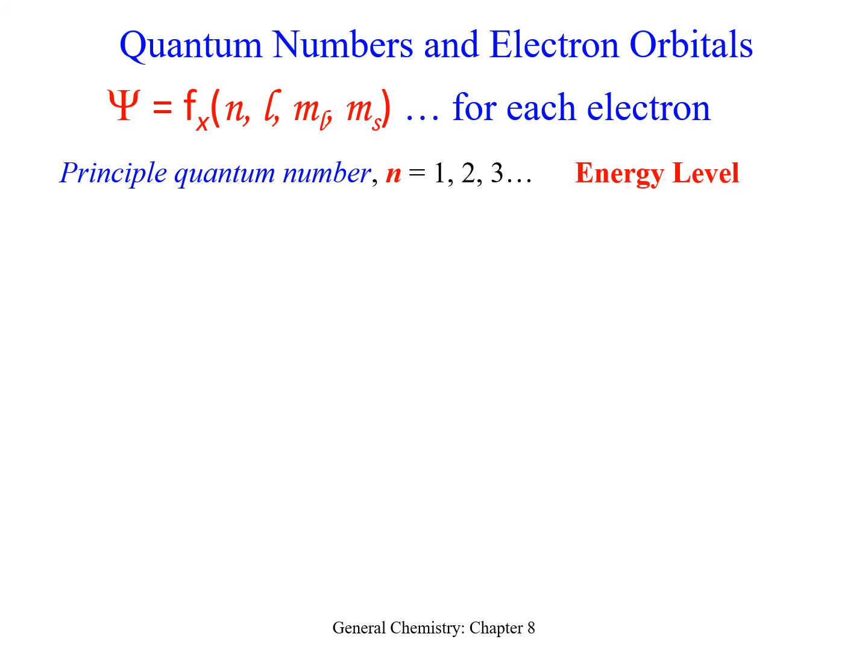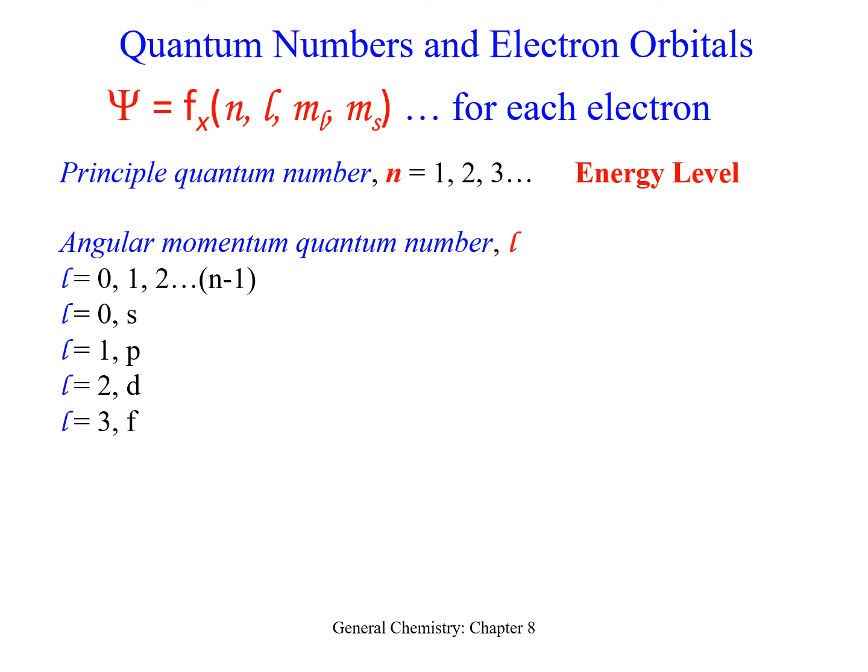So that's the principal quantum number n. That's the energy level. The angular momentum quantum number is L. Okay, and I'm going to get into more detail here. But L describes the type of orbital. Is it an s orbital? L equals 0. If it's a p orbital, L equals 1. If it's a d orbital, L equals 2. And f orbital, L equals 3.